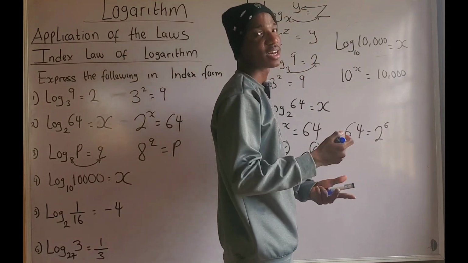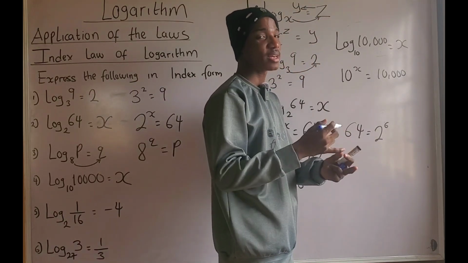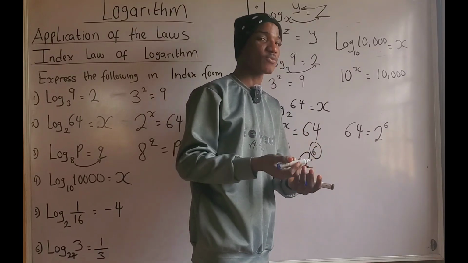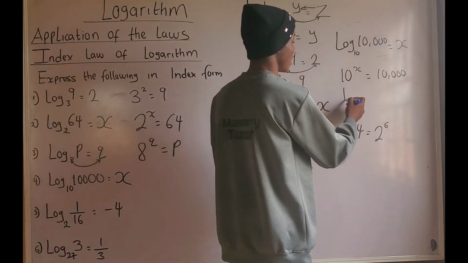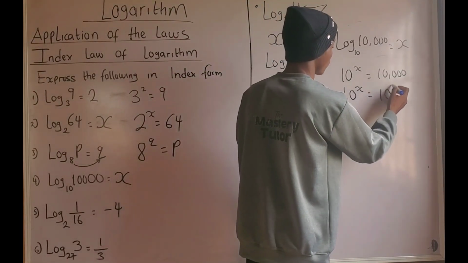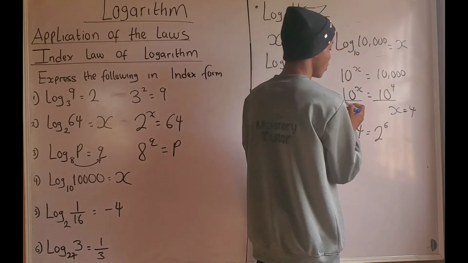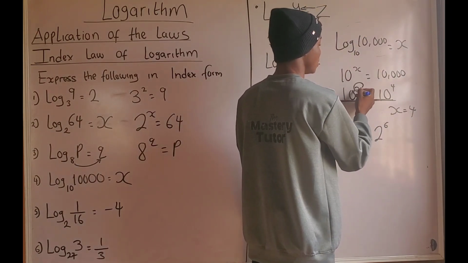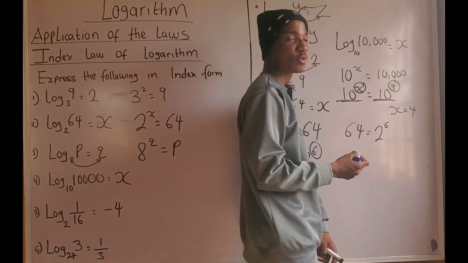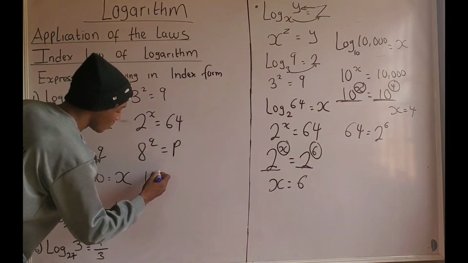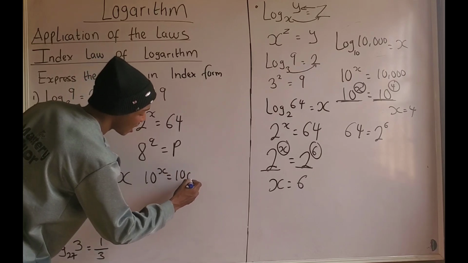Now, 10,000 can be written as 10 raised to the power of 4, because 10 times 10 is 100, 100 times 10 is 1,000, and so on. So I'm going to have 10 raised to the power of x equals 10 raised to the power of 4. Therefore, the value of x here will be 4, because the bases are equal, which means the powers will also be equal. So this in index form will be 10 raised to the power of x equals 10,000.